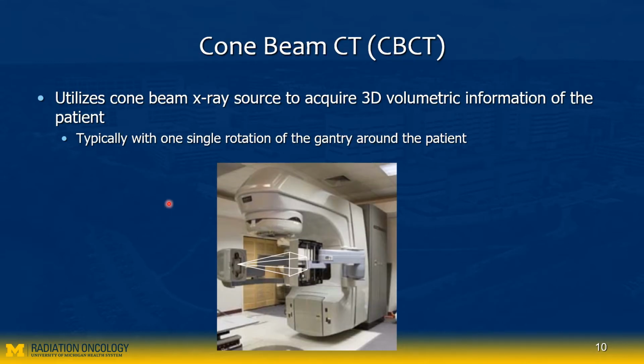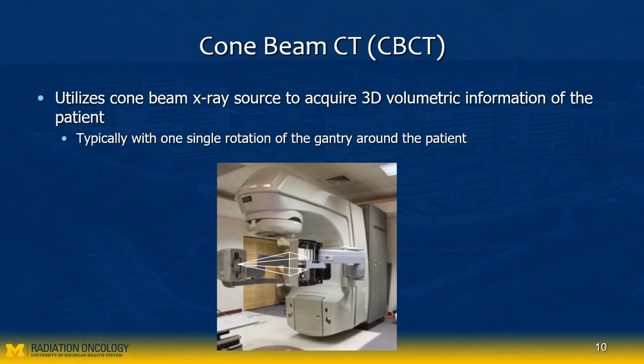Well, let's talk a little more about cone beam CT. It utilizes a cone-shaped X-ray beam. This is the X-ray source, and you're seeing the back of the actual imaging panel, and then the cone beam CT looks something like this. It's literally a cone, right? So it acquires 3D volumetric information of the patient. Typically one single rotation is enough to acquire the 3D volume.